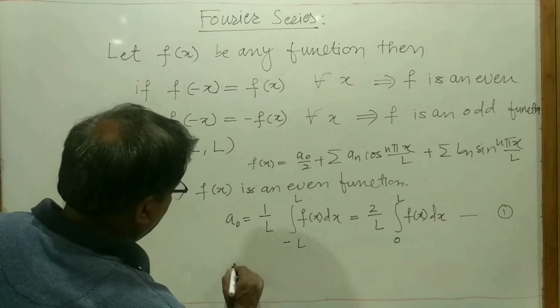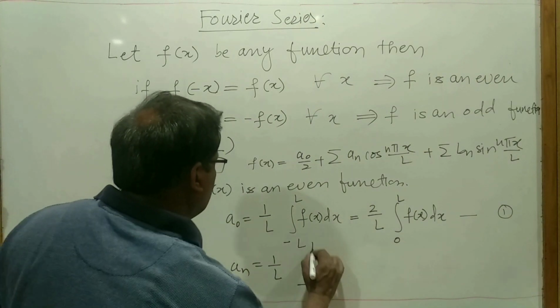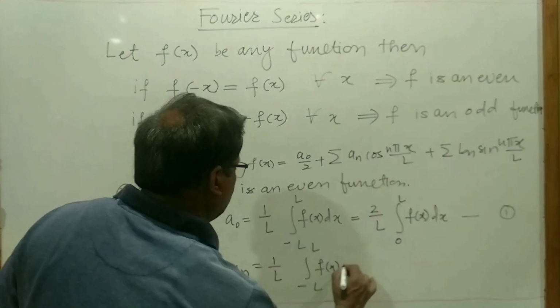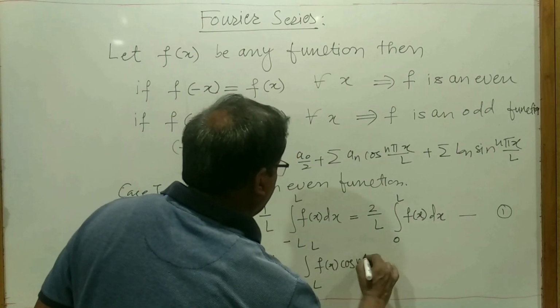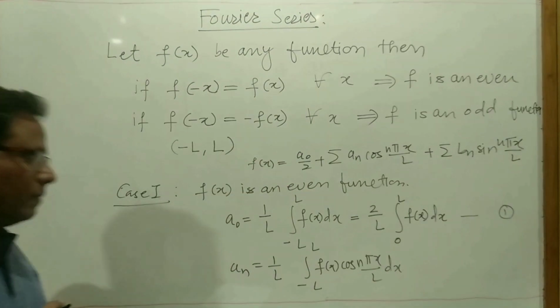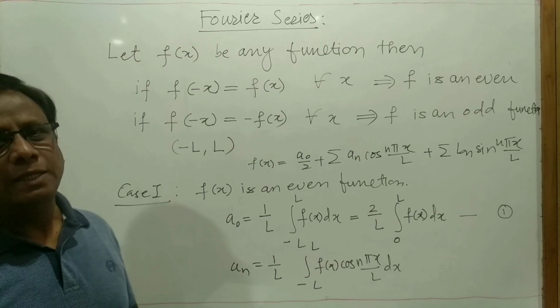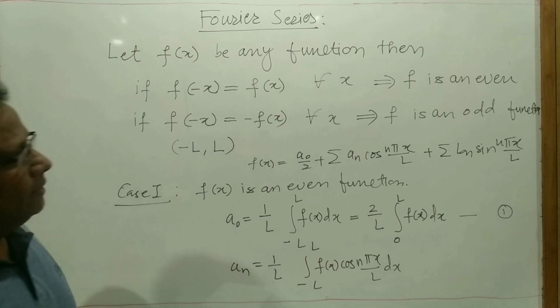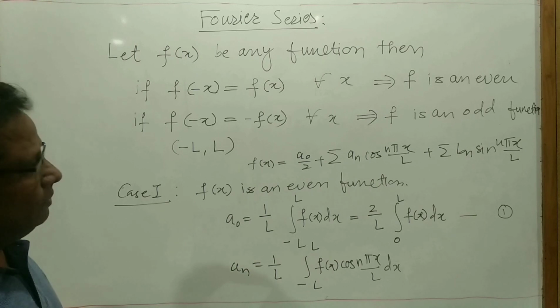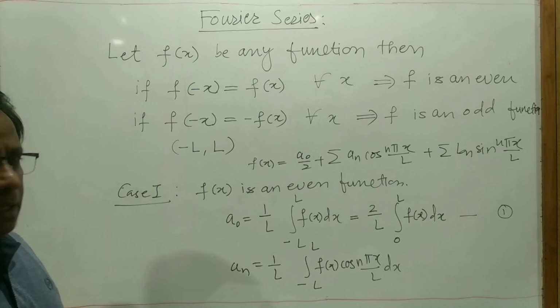Similarly, an is 1 upon L integral minus L to plus L f of x cos n pi x upon L dx. Now we know that f of x is an even function, cos of n pi x upon L is also an even function, and we know the properties of even functions. The product of two even functions is again an even function.